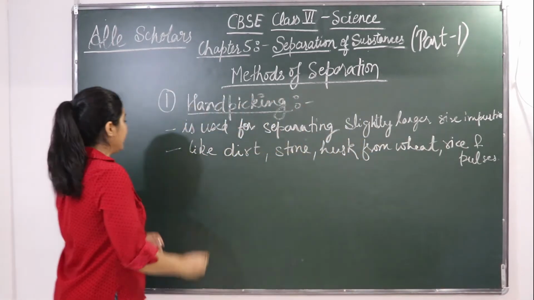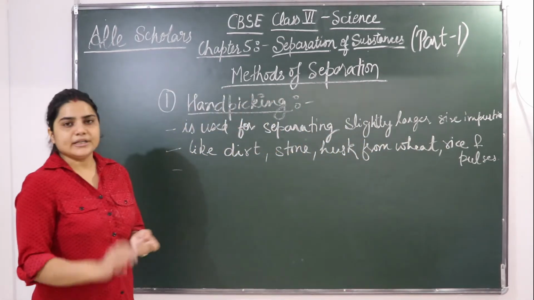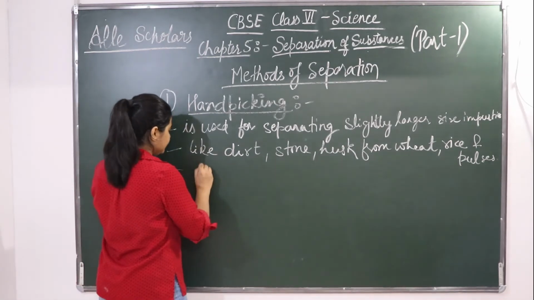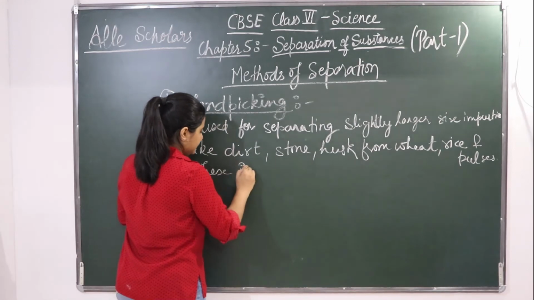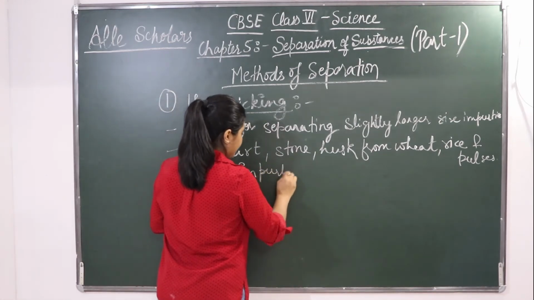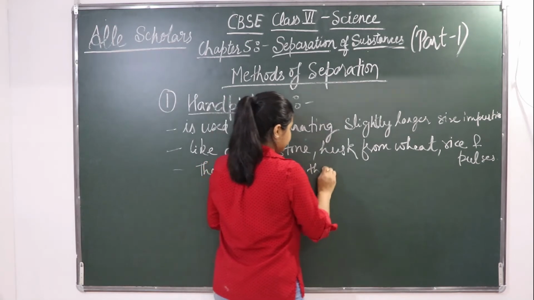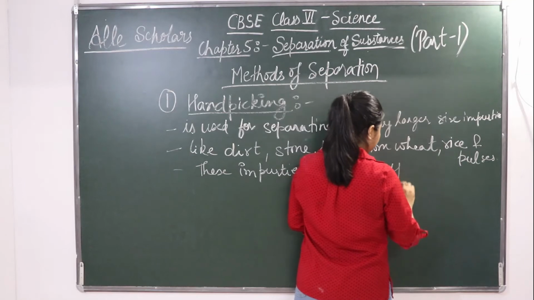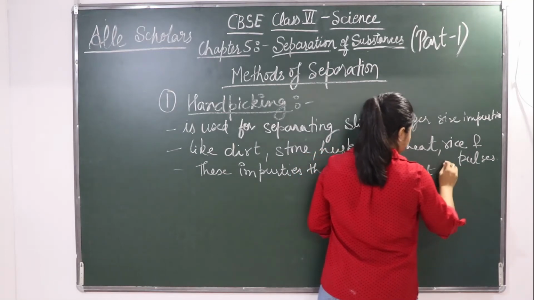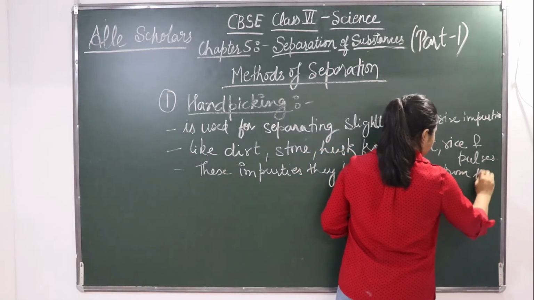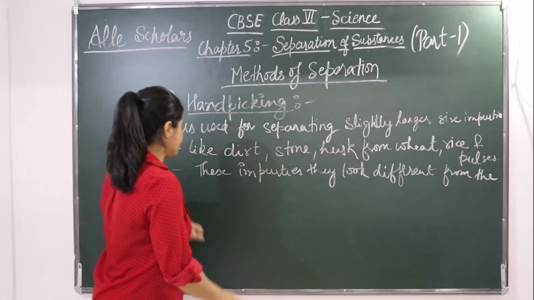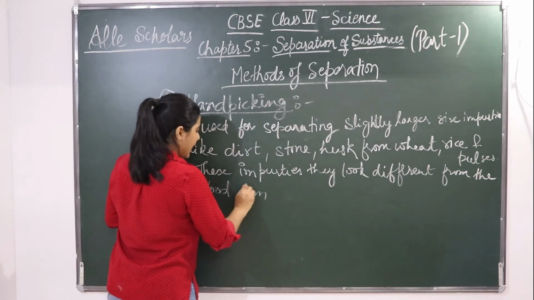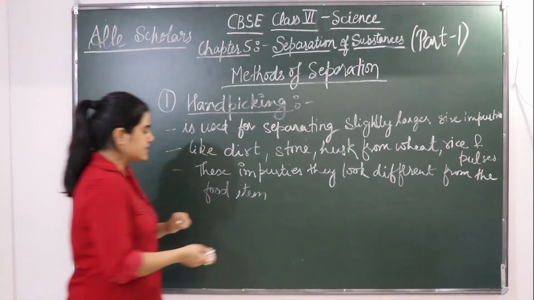Okay, next is that these impurities look very different from the food item. They can be spotted easily.